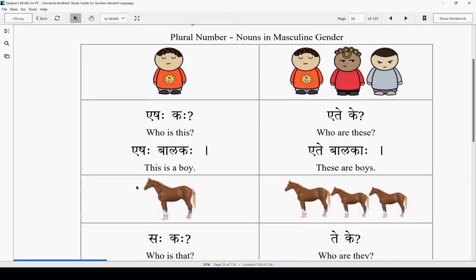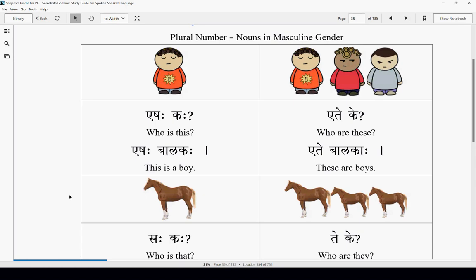On the left side we have singular, and on the right side we have bahuvachanam, plural. Who wants to read this? Subhashri. Esha kaha, esha balakaha. Who is this?